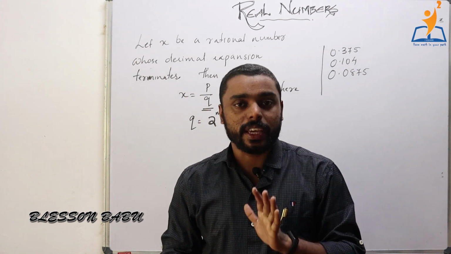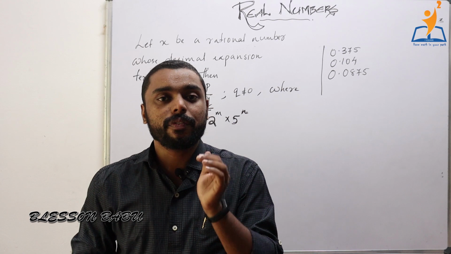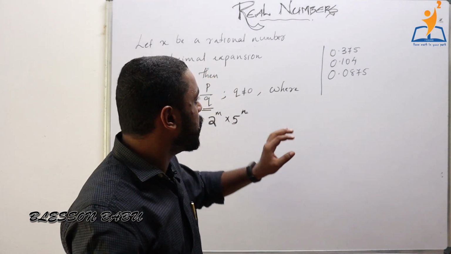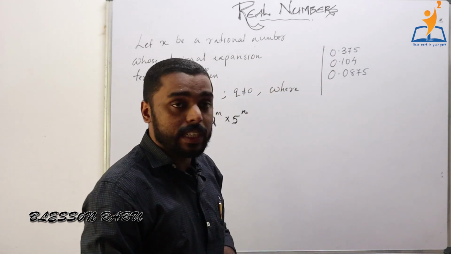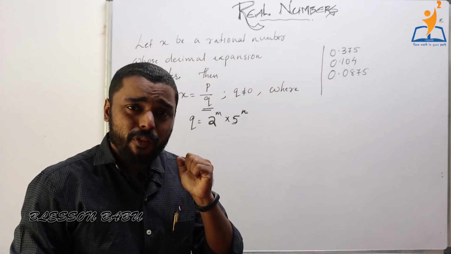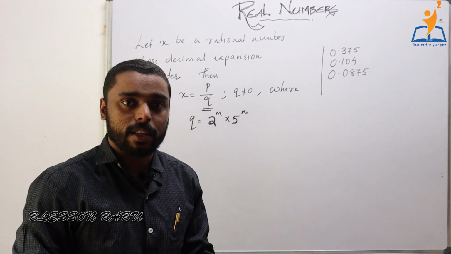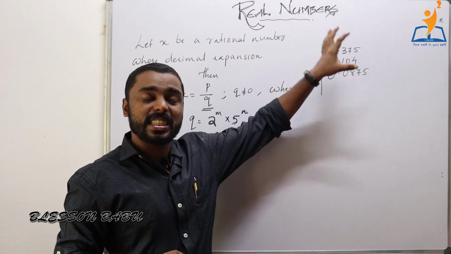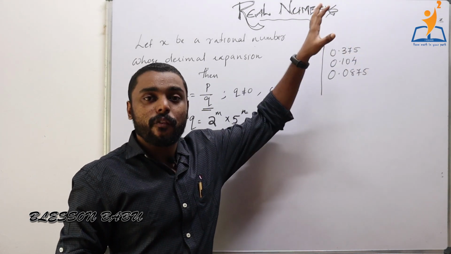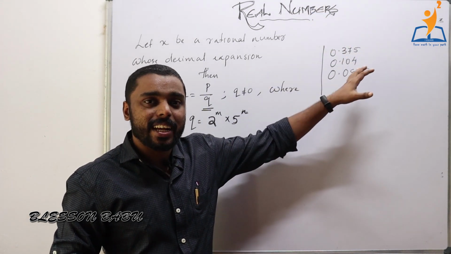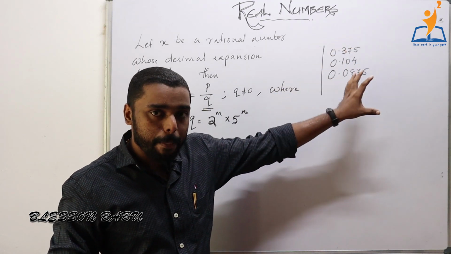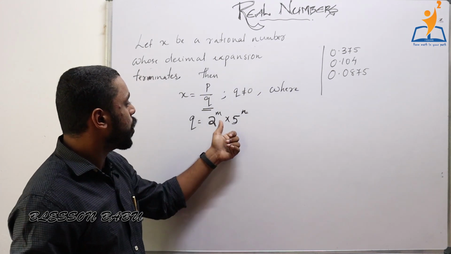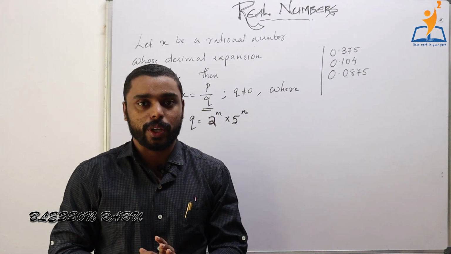Or in other words, if we are given numbers like this which have terminating decimal expansions, then we can say confidently that they have a rational form p by q, where the denominator q has the form 2 raised to m into 5 raised to n.